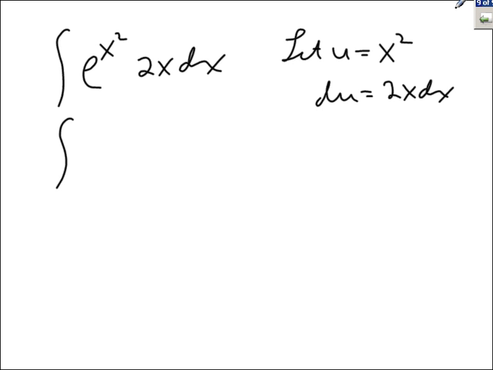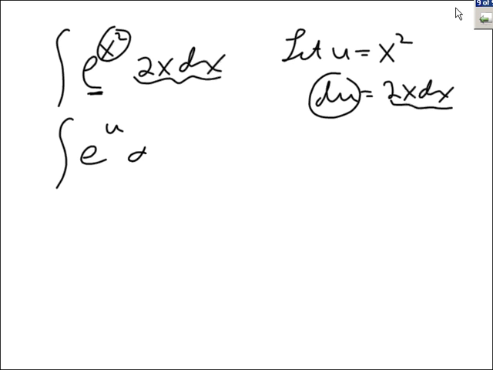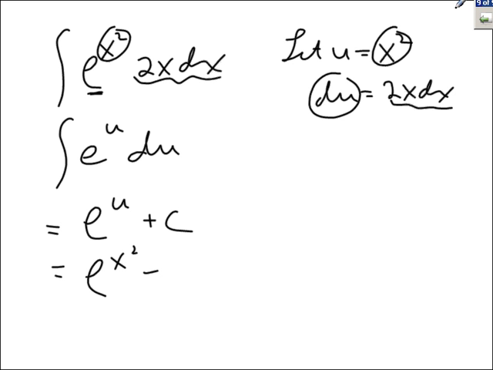Be honest with yourself. Don't just hand wave. Make sure you have everything you need. Well, that of course is e to the u, and what do you know? 2x dx, that's du. The integral of e to the u du is e to the u plus c, where u is x squared: e to the x squared plus c.